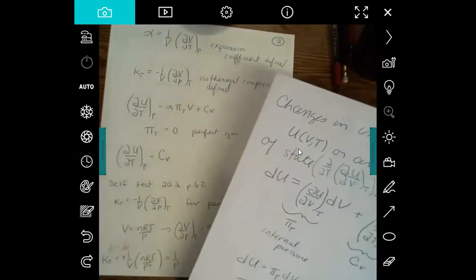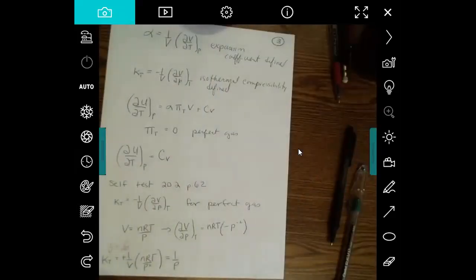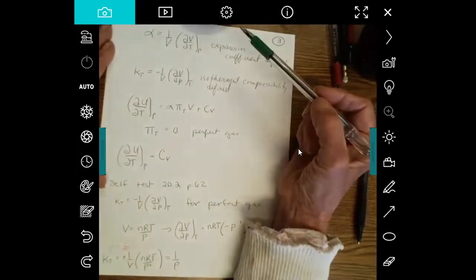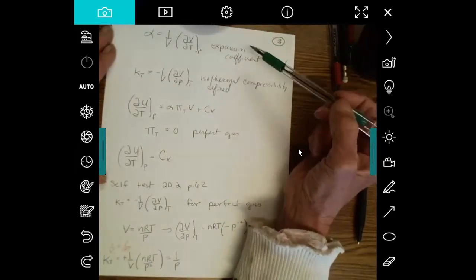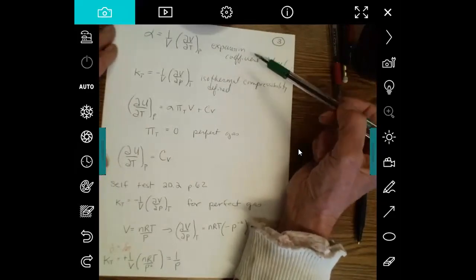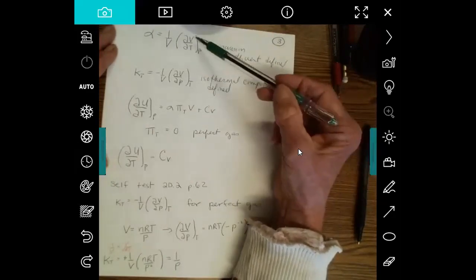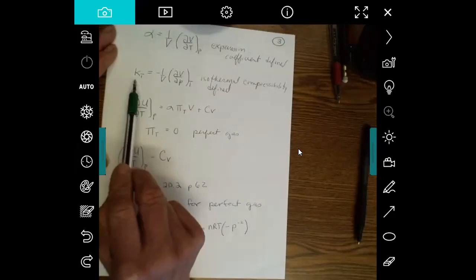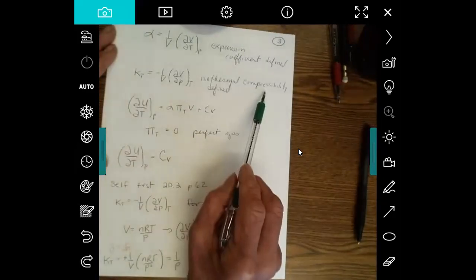We define alpha. Most of these partial derivatives are given names just because they actually represent something. So this is the expansion coefficient. How does something expand as a function of temperature? Kappa T is the isothermal compressibility.